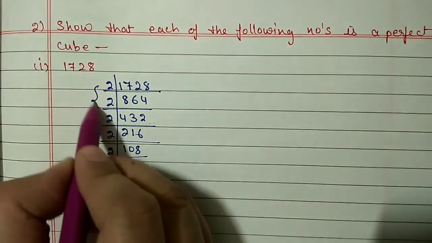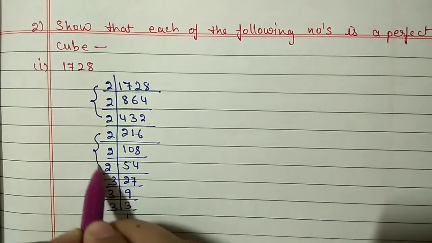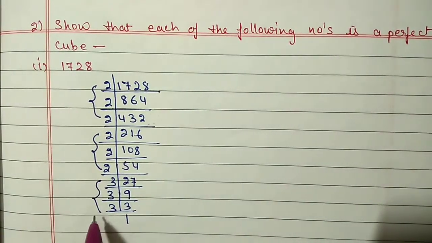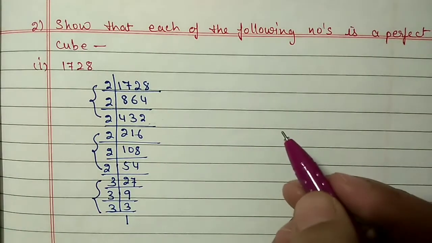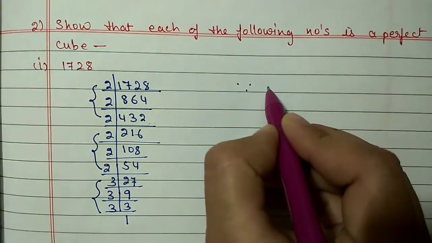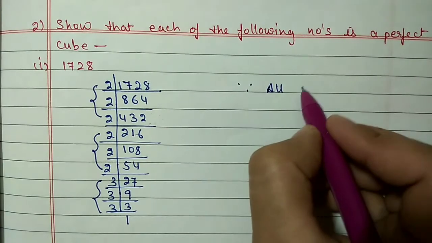Then make the triplets. Three 3s you have to take together. You can see all the numbers are in triplet form. Therefore it is a perfect cube because all numbers are in triplets.